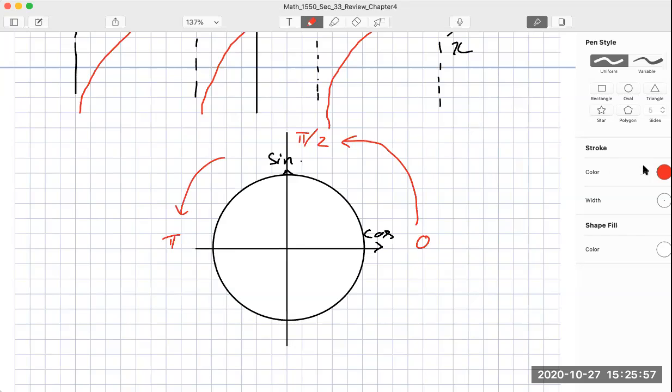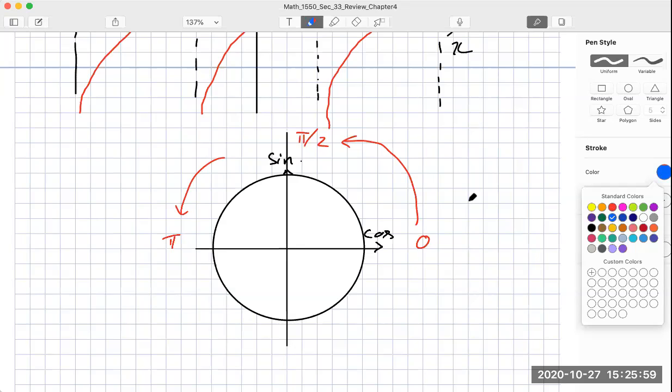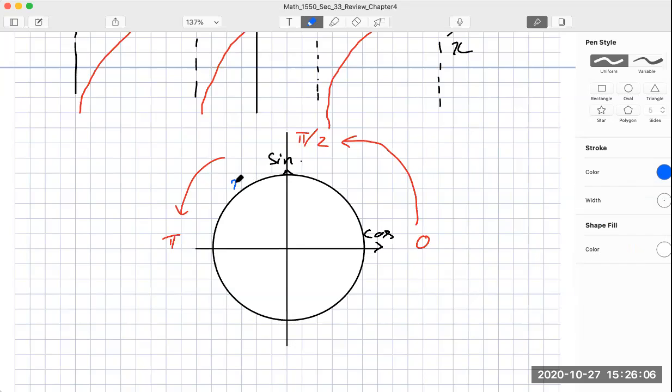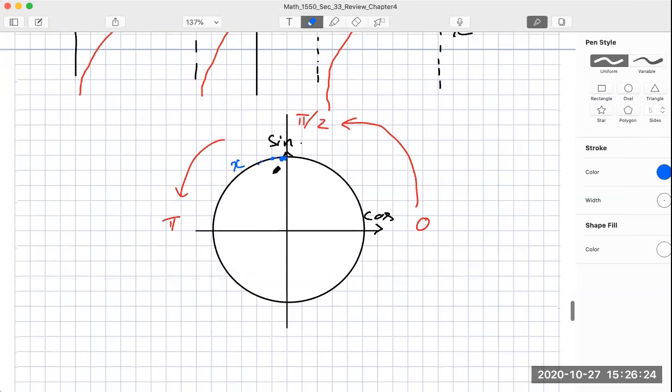We see that when x approaches pi over 2 from the right-hand side, it means x should come from the right-hand side, close to pi over 2 right here, right? It's going closer and closer to pi over 2 from the right-hand side. Therefore, the angle here is in the second quadrant, right?